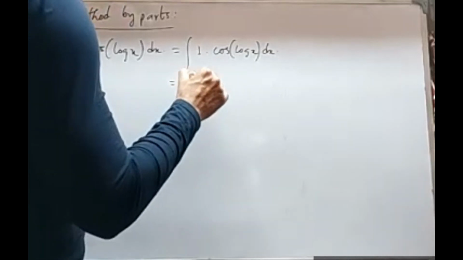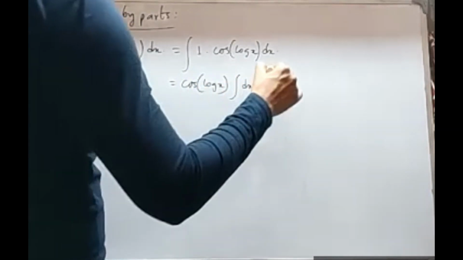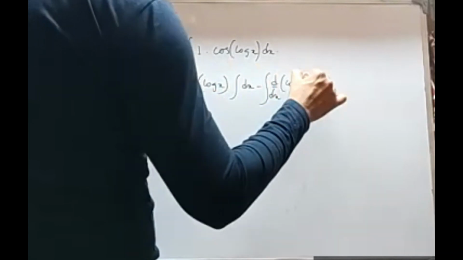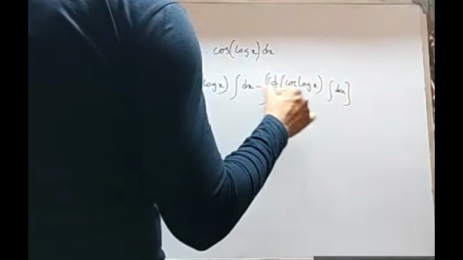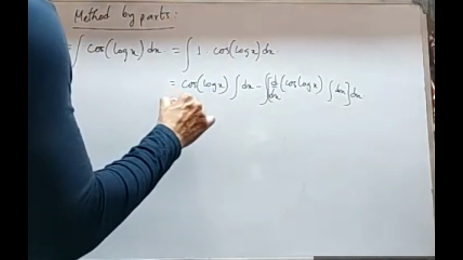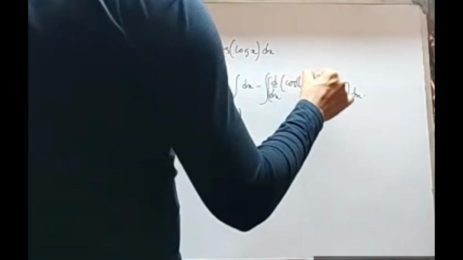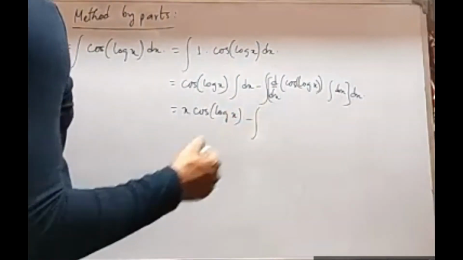So cos log x we are keeping outside, integration dx minus d dx of cos log x integration dx, whole integral. Again we are taking the same as I, and here you can see it is x cos log x minus derivative of this.